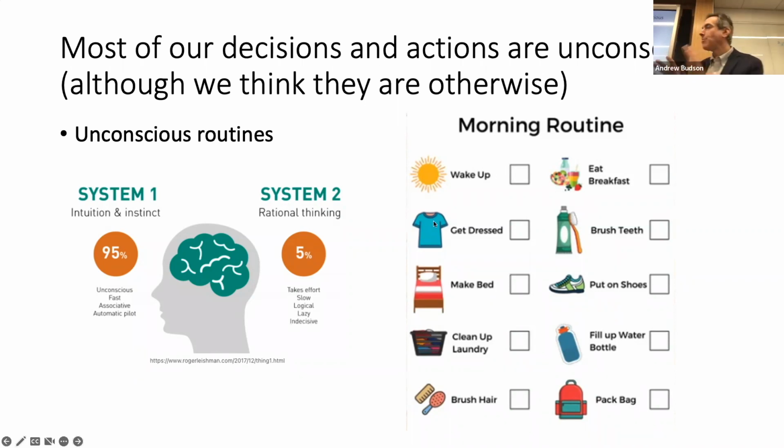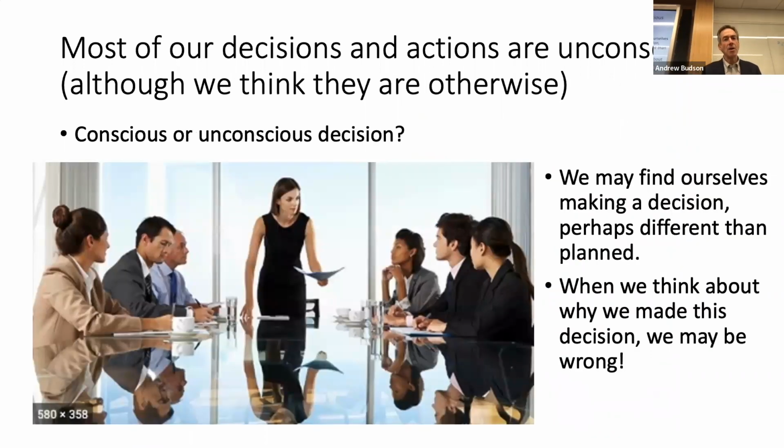So I might be able to convince you that if you are going through your morning routine, you're mainly using your system one, that when you're brushing your teeth, you're not consciously thinking about exactly what you're doing. When you're showering, it's all happening automatically and unconsciously, which is why you can think about different things while you're doing these activities. But what about in a different situation, like if you're in a meeting?